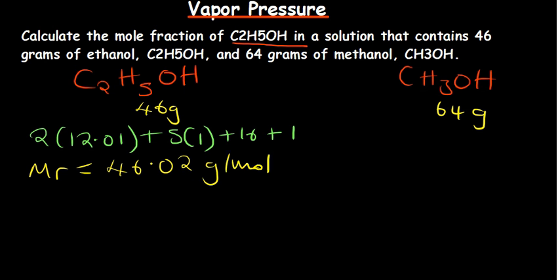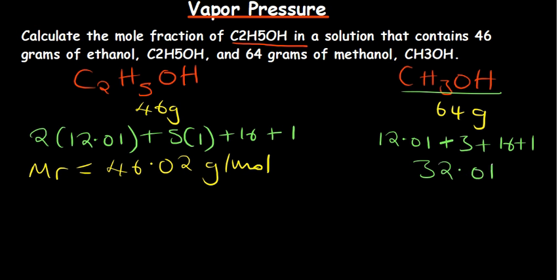On the other side, we have carbon 12.01 plus 3 hydrogen atoms plus oxygen 16 plus another hydrogen, so 12.01 plus 3 plus 16 plus 1, so 32.01 grams per mole.